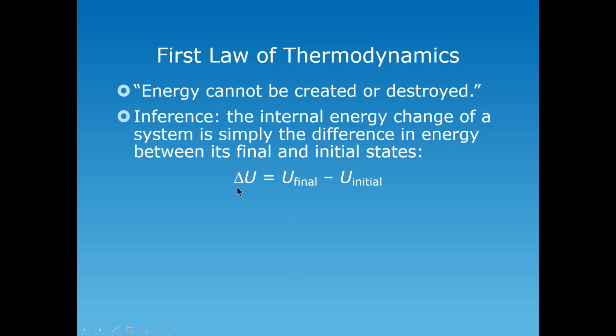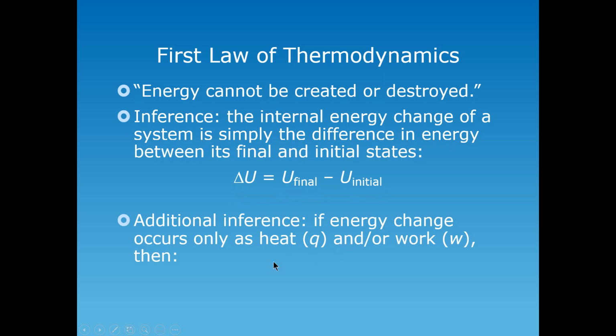The change in internal energy, delta U, and by the way, in some textbooks and other literature, they would use E instead of U for internal energy. So just to let you know, we're using U for our purposes here. Delta U is equal to U final minus U initial, the final internal energy minus the initial internal energy.